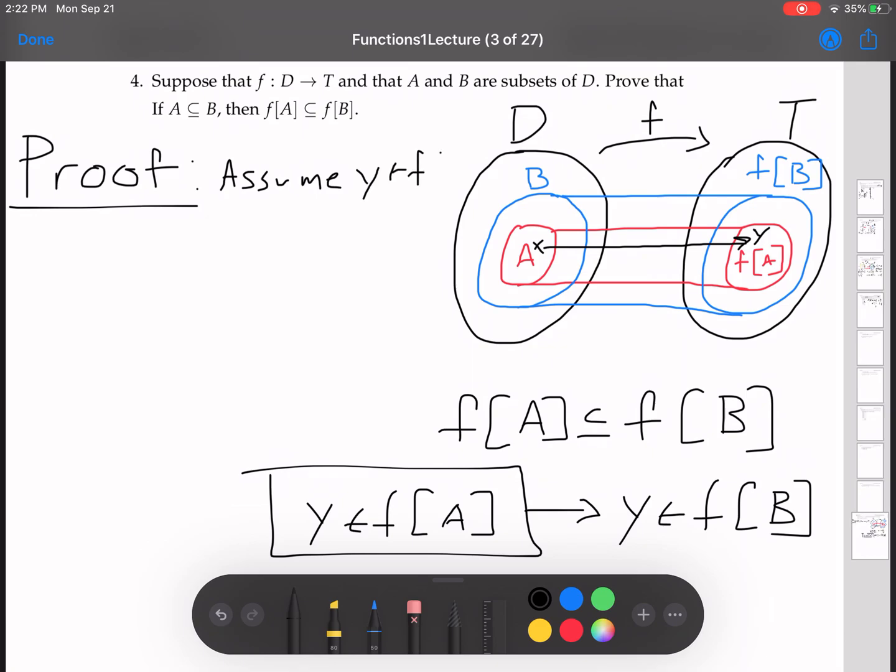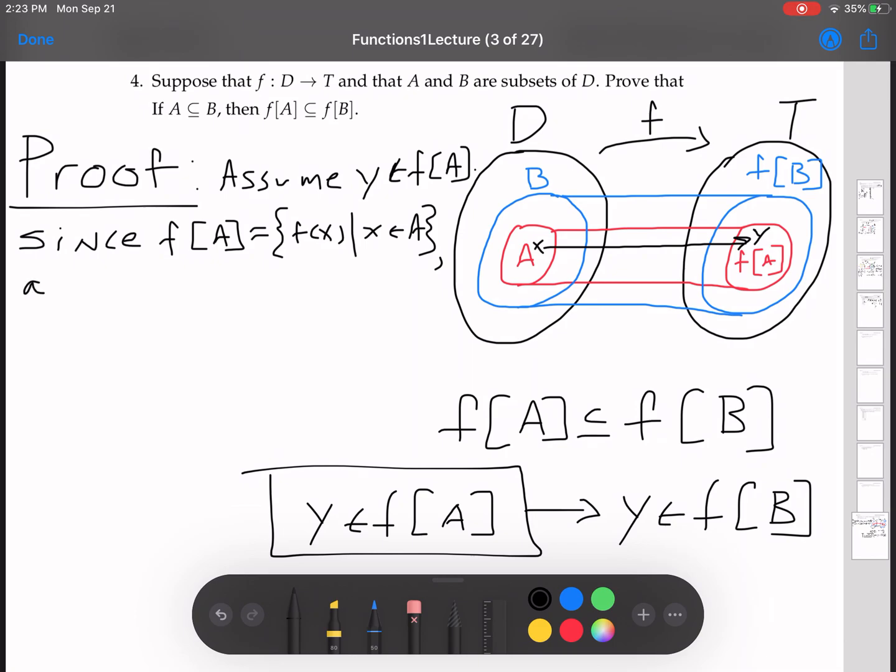Assume y is in f of A. Okay, since f of A is the set of all f of x such that x is in A, and y is in f of A, that's our assumption, right?